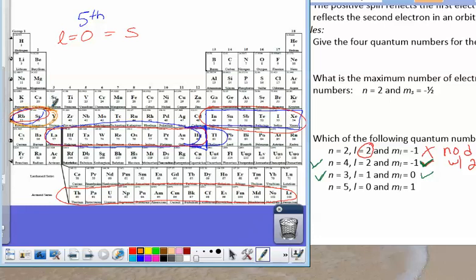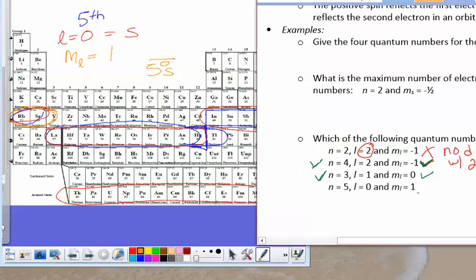Our m sub L, it says, is equal to 1. Well, I have 5s. Uh-oh. I only have 0 there. So this one is not possible because of the 1.